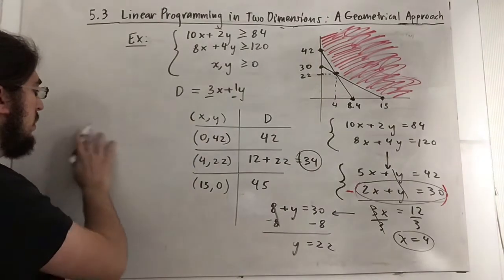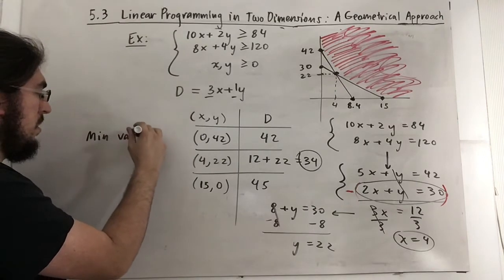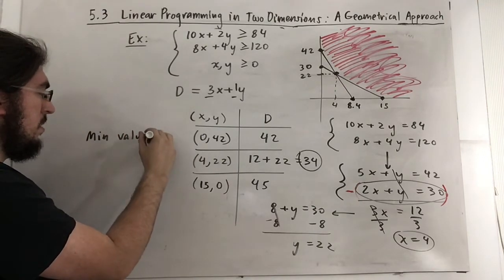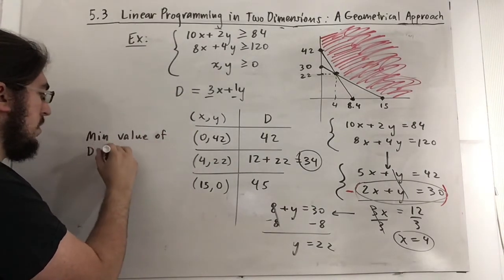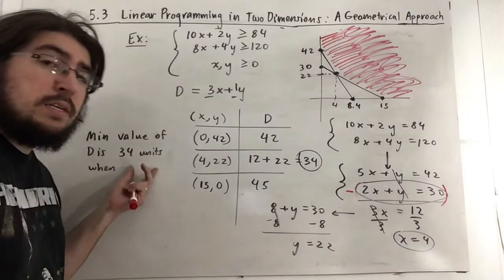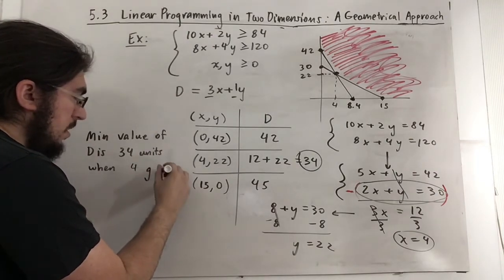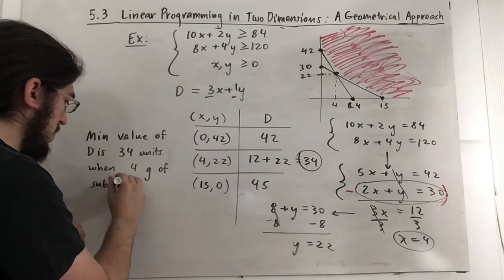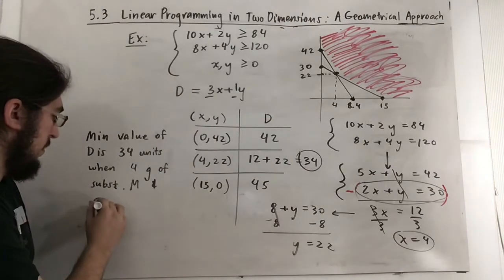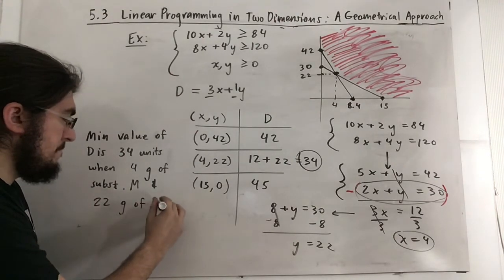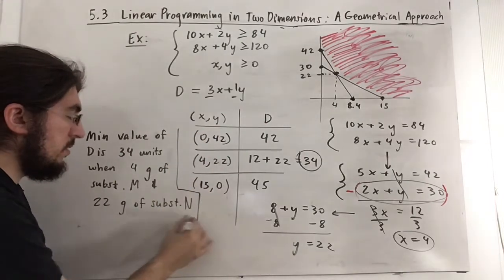So let me just say here that minimum value of D is 34 units when we have 4 grams of substance M and 22 grams of substance N.